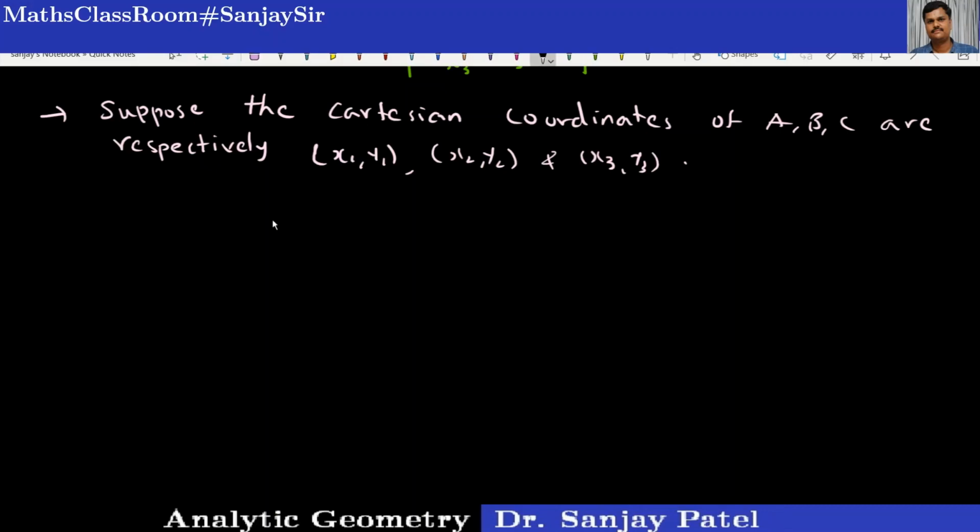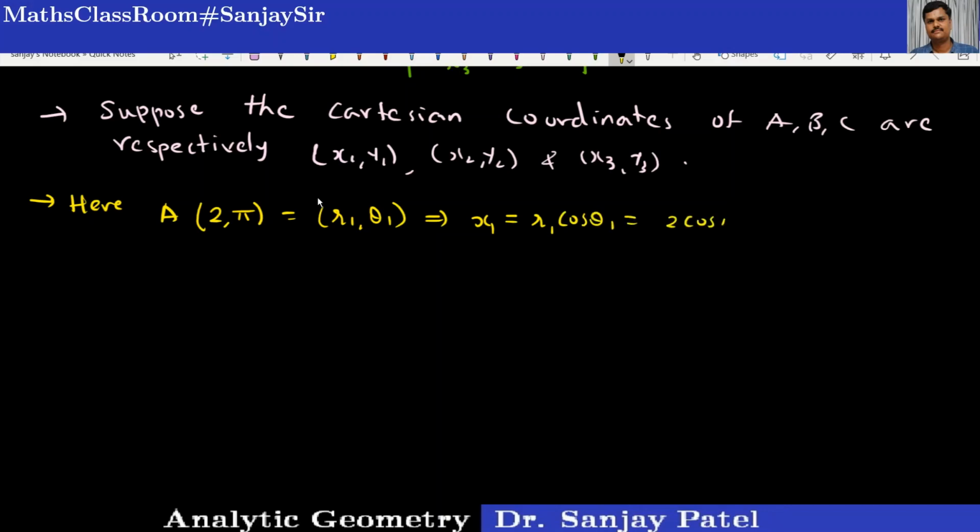So here, for the point A, which is 2 comma pi, which we have assumed as r1, theta 1, I can write the Cartesian coordinate x1 is equal to r1 cos theta 1, that is 2 cos pi, and y1 is equal to r1 sin theta 1, that is 2 sin pi.